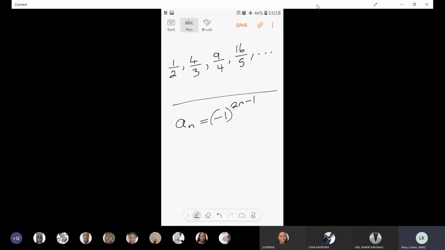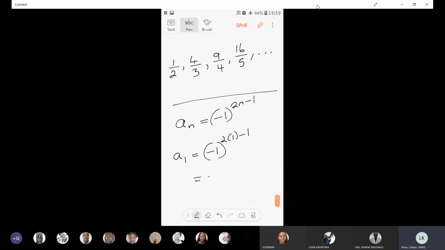And notice our index is always a positive whole number because it's term number 1. You cannot have a term 1.5 or 3.5 or something like that. It is first term, second term, and so on. These are discrete values. So a1, this is negative 1, and then 2 times 1 minus 1.